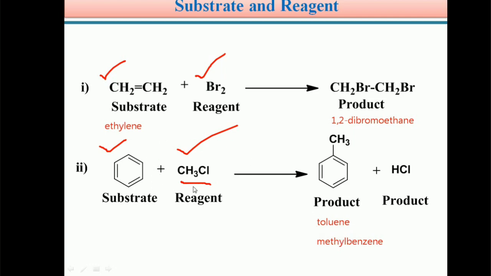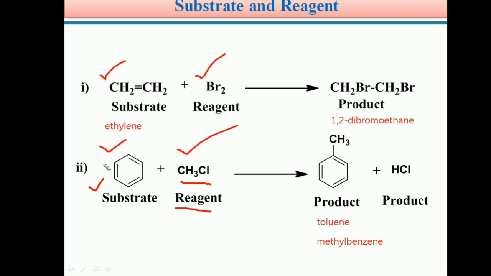So students, in this reaction both methyl chloride and benzene provide carbon to the new bond formation. However, benzene is the more focused one in this reaction because the methyl group is substituted on the benzene ring. Therefore, this benzene ring is taken as a substrate and methyl chloride, or chloromethane, is taken as a reagent.